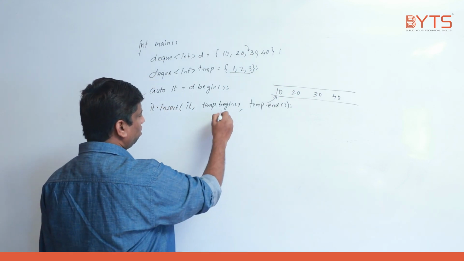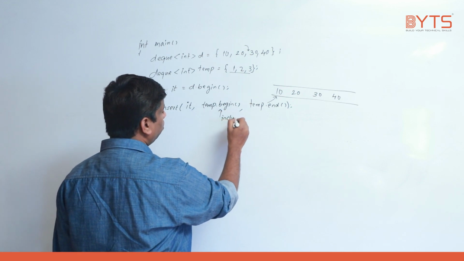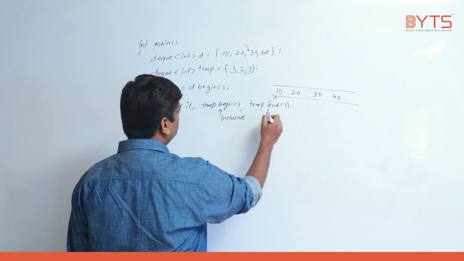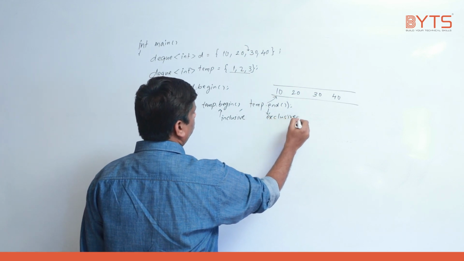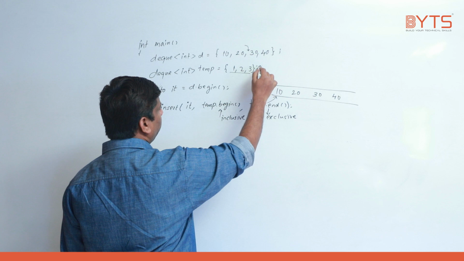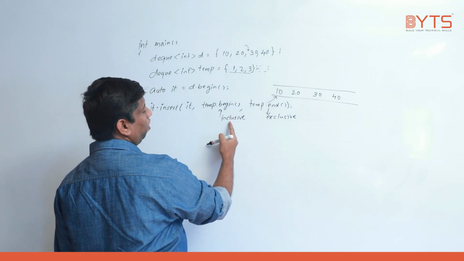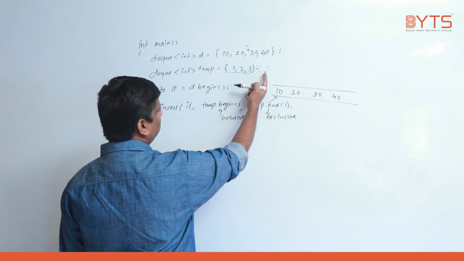Begin is inclusive, end is exclusive. What is the meaning of exclusive? End will be pointing here, so from begin to end, meaning exactly end minus 1.